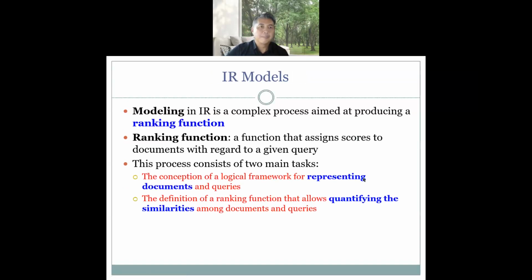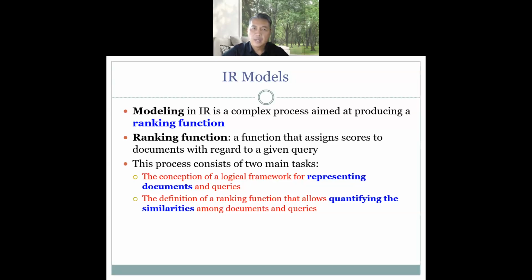Okay. So modeling in IR, or information retrieval, is a complex process. The basic idea is we want to be able to perform ranking, because when we type in the query, we want the capability to retrieve documents based on their relevancy to the query, and at the same time rank those documents.